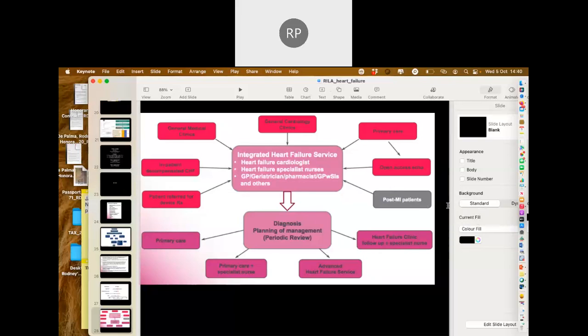The only snag is that if someone is diabetic, then you would need to have strong links, and these often occur at primary care level, at least, with a diabetic specialist or a diabetic nurse service, so that the management of diabetes is optimized, and also that the sick day rules are reinforced, and that patients understand to look out for things like increased urinary frequency and any sign of urinary tract infection.